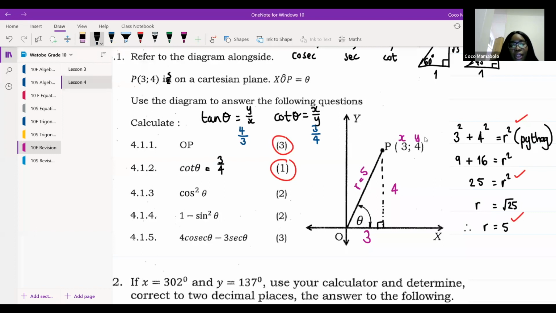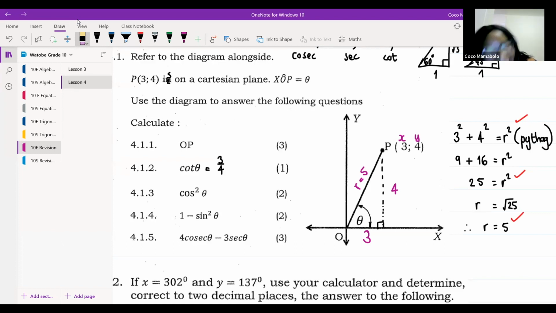Well done, Karen. Okay, I want you guys to figure out for me the cos squared of theta. Pop your answer in the chat for me. Now you can remember what cos is. Use your soccer tower, whichever one, for cos.